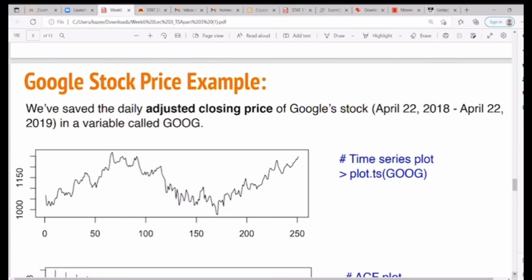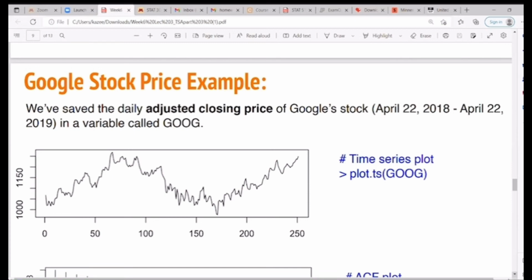I want to apply this because there are data sets generated over time, and there's a lot of volatility in the market. If I want to buy stock as an investor, if you want to go into a market, you need information about the market, about the price of stock.